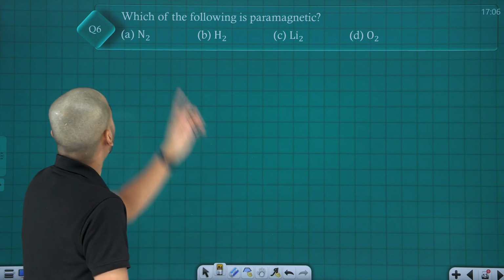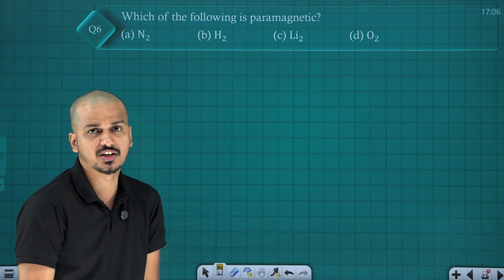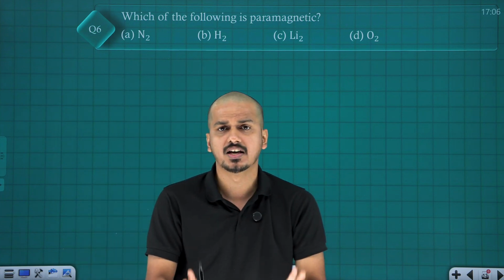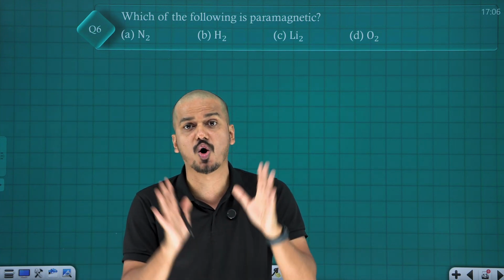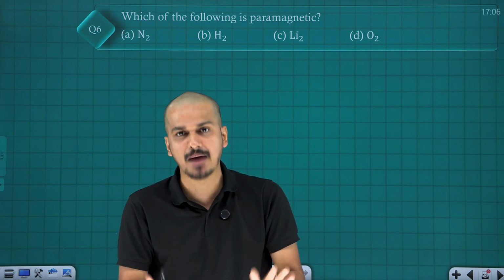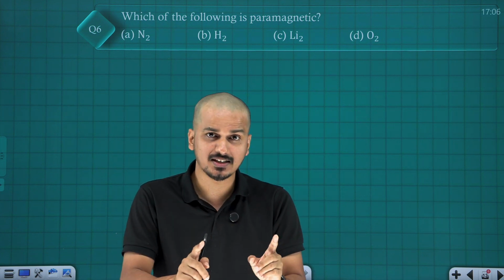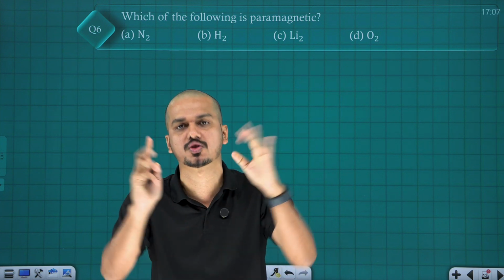What's the question here? Which of the following is paramagnetic? You have to remember, if the number of electrons is odd, then that will be paramagnetic. Also, 10 and 16 electrons in a molecule are paramagnetic.